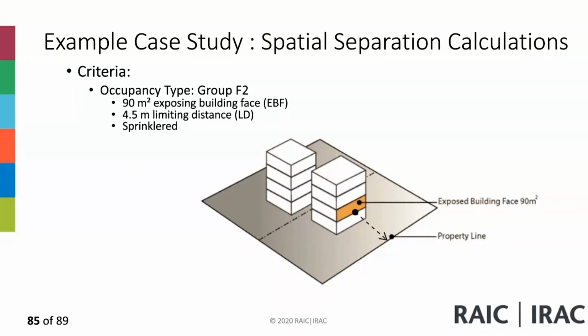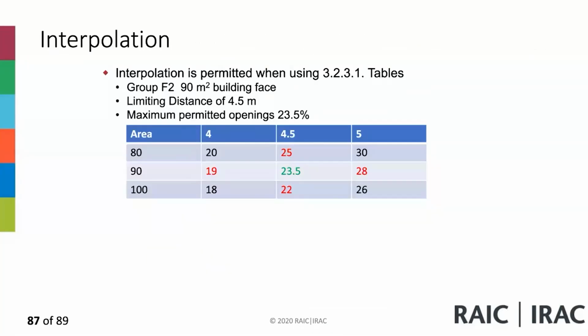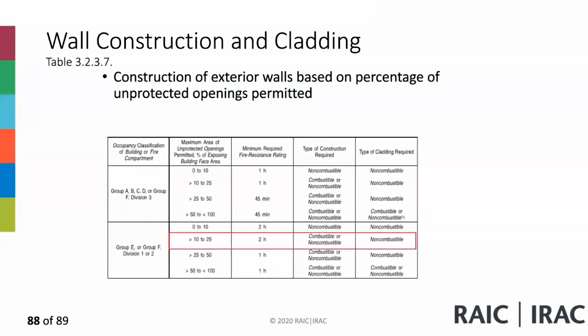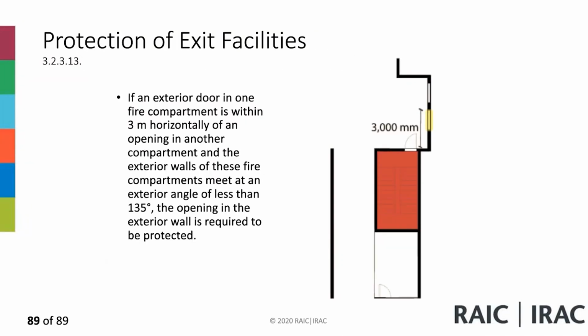Okay, so that's the exposing building face. We've done that. Interpolation, that's another example. And then we know the construction of the exterior walls depends on the unprotected openings. When you look at the table, there is a different requirement for combustible and non-combustible. For the construction of exposing building faces, you really have to look at the provisions related to that in 3.2.3.6, 3.2.3.7, and keep going.